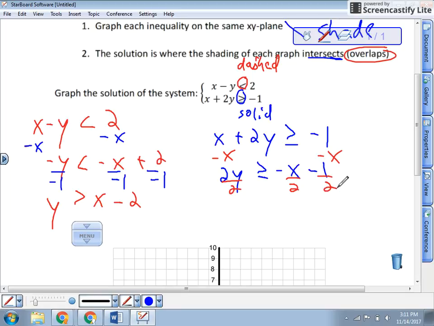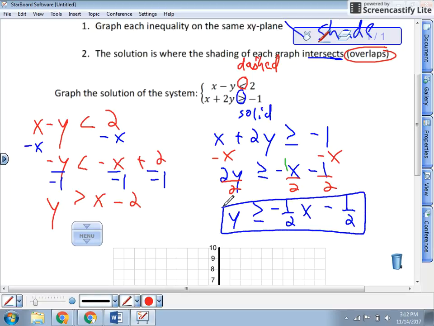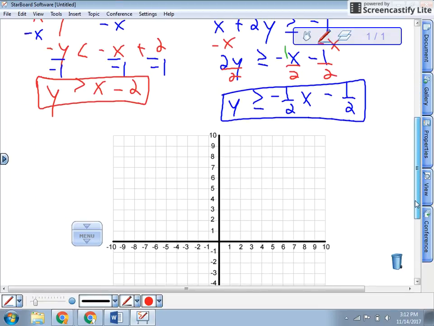Our final inequality on this one will be y greater than or equal to negative 1/2 x, since there's really a negative 1 in front of that x. Negative divided by positive stays negative, and then minus 1/2. So there are our two inequalities. Now we're going to graph each of these and see what we've got.